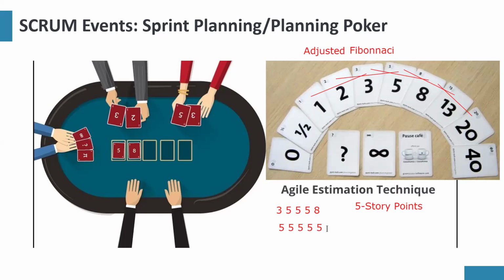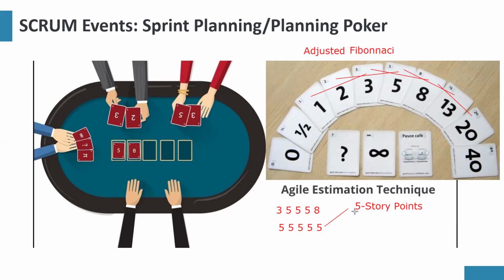Now, when they start rubbing minds together, you'll find out that you can re-estimate, and you continue until you get a consensus, which is a fixed number from all developers. So we now say that this is a 5 story point.